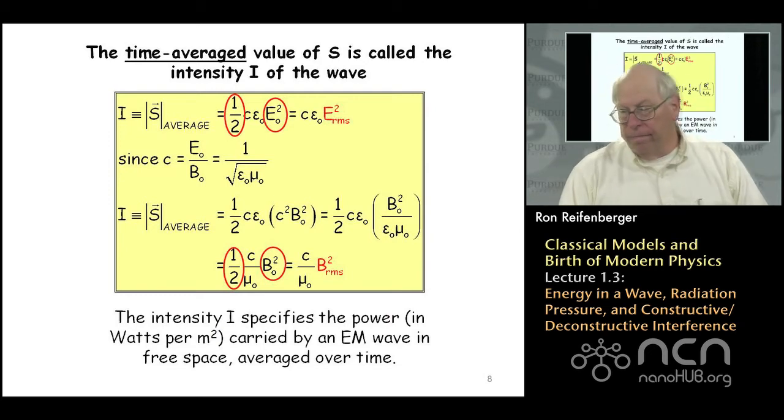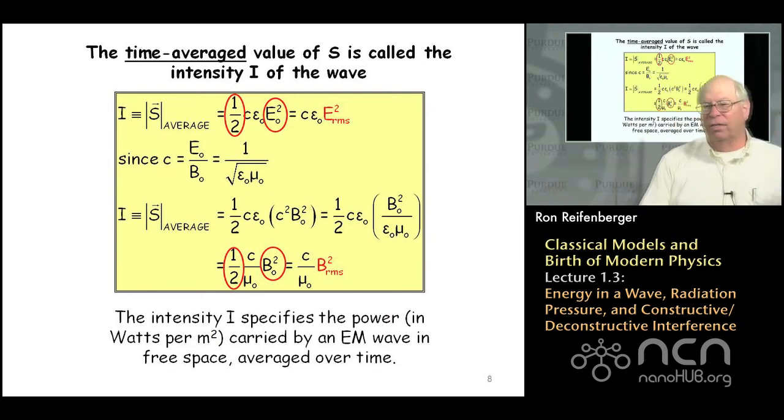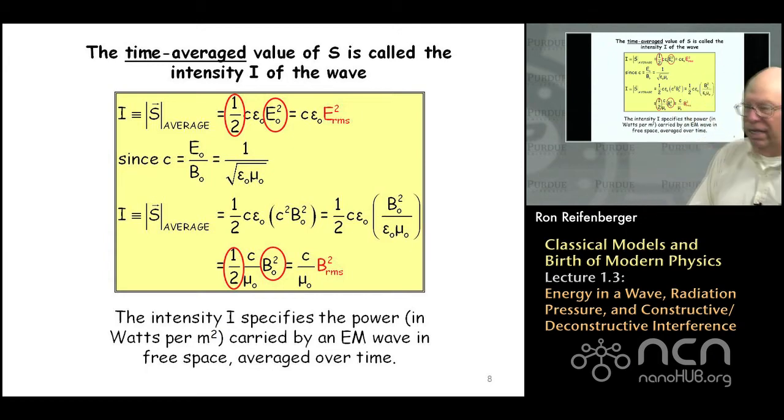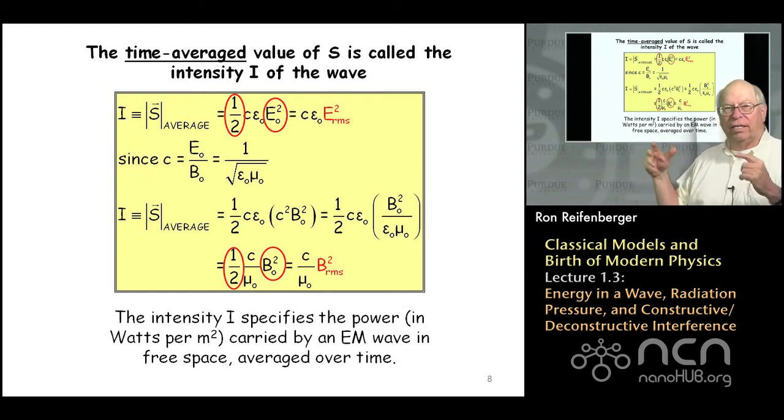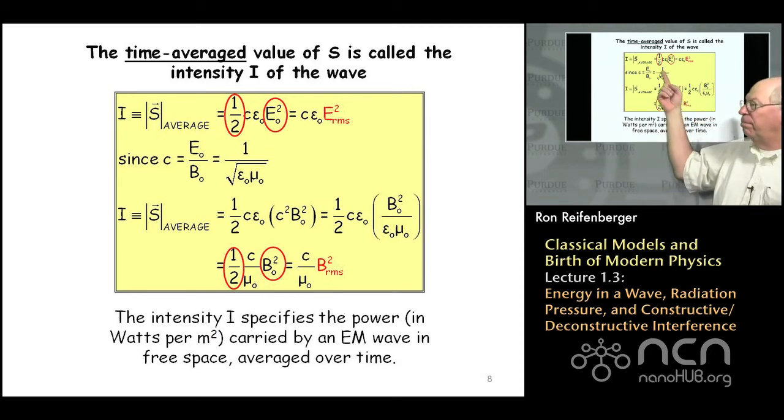Now the time average value of S is often referred to as the intensity of the electromagnetic wave, and the intensity is referred to as capital I. So there are different expressions for the intensity of an electromagnetic wave that can be written down. The intensity can be expressed either in terms of the electric field component E or the magnetic field component B, because the electric field and the magnetic field components are related to the speed of the electromagnetic wave c by this simple relationship.